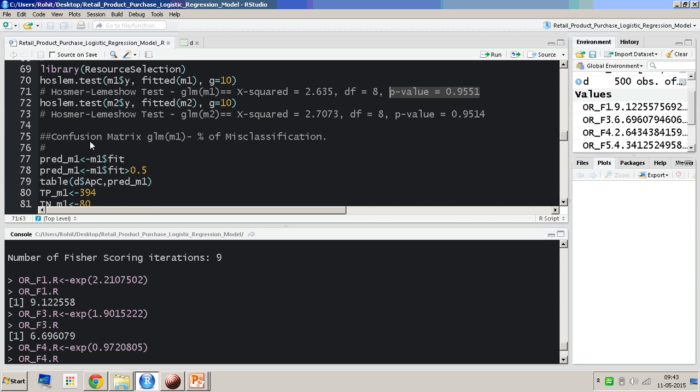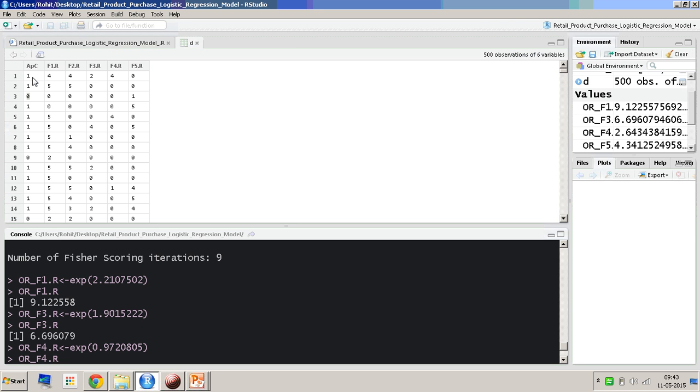So next thing we look at is the confusion matrix. The confusion matrix is the percentage of misclassification. Like I stated earlier, presume in the actual data set, for a particular consumer, you track and see that the consumer had given these ratings, and the consumer went ahead and bought your product also.